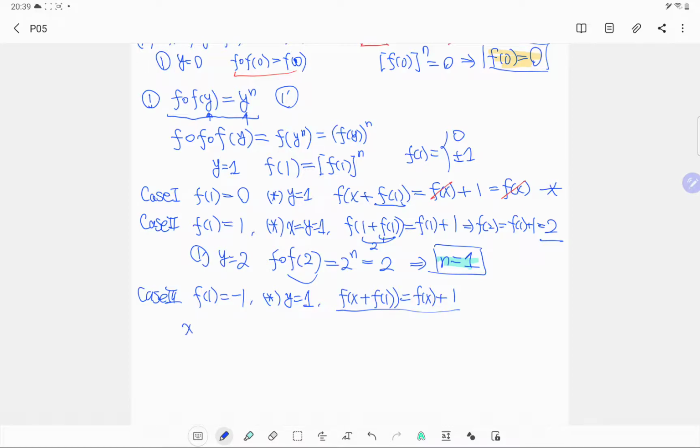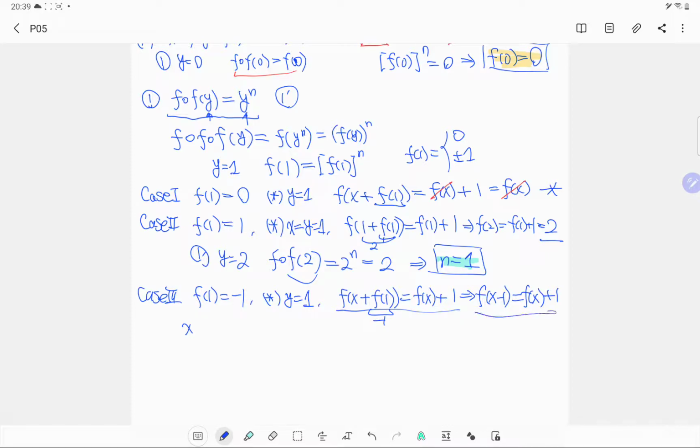We can write f of 1 as negative 1. So we have f of x minus 1 equals f of x plus 1.